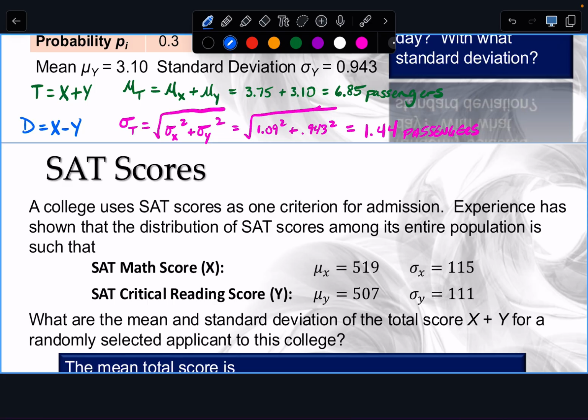So if I were to select an individual randomly, and I did this over and over again, what would the mean score that we expect to see be on average? And what would the standard deviation be? So if I wanted to calculate the mean in this setting, what would I do?